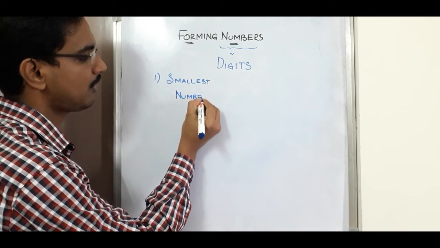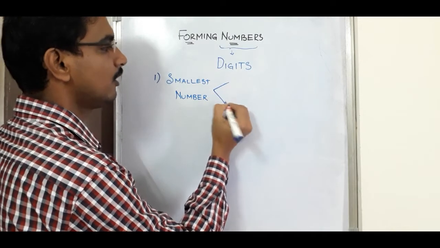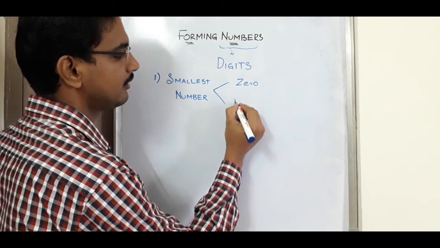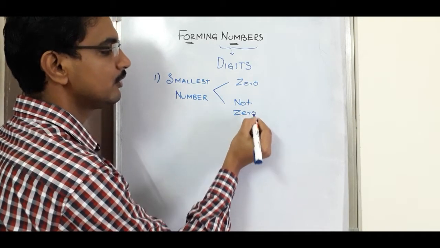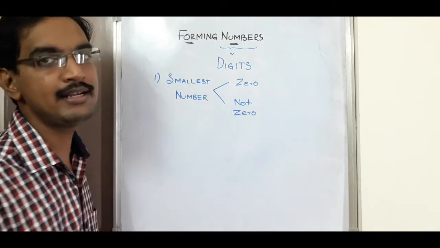While forming the smallest number, there exist two possibilities: when one digit is 0 and when it is not 0. That means in the given digits you will find 0, and in some of the digits you won't find 0.